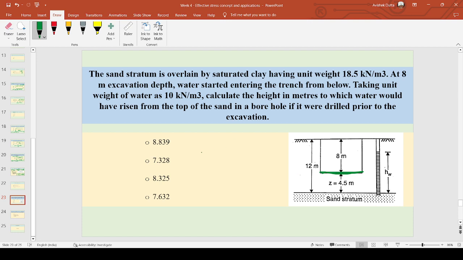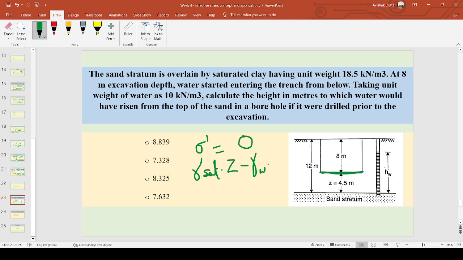The effective pressure will be equal to 0. Effective pressure, that is sigma dash, will be equal to 0. And what is sigma dash? Sigma dash will be total pressure, that is gamma sat into Z, minus gamma W. Now here is the interesting thing.